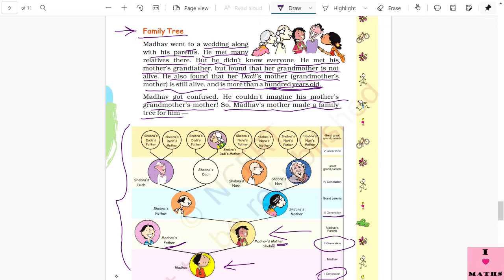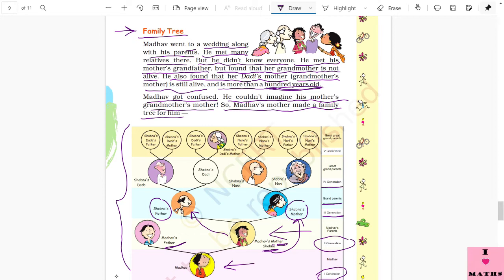Okay, now third generation are Madhav's grandparents. It means Madhav's mother's mother, and Madhav's mother's father. Madhav's mother's name is Shobna. It means Shobna's mother and Shobna's father. They are Madhav's grandparents. Okay.